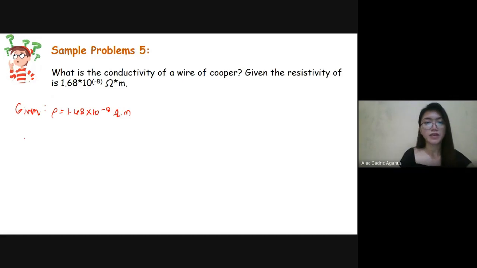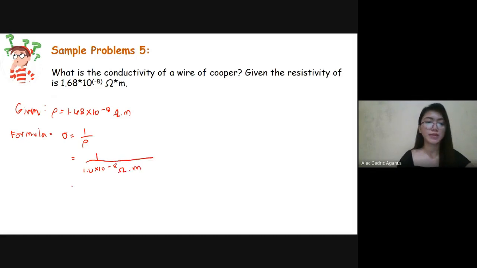Your formula is sigma is equal to 1 over resistivity. This is 1 divided by 1.68 times 10 raised to negative 8 ohm meter.